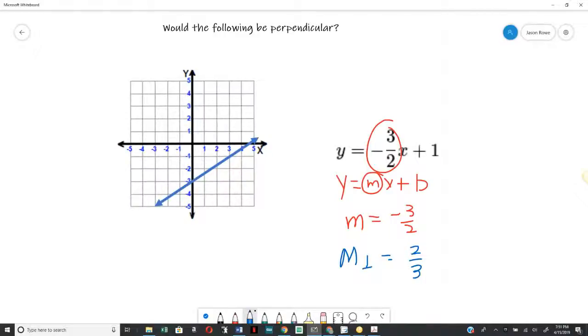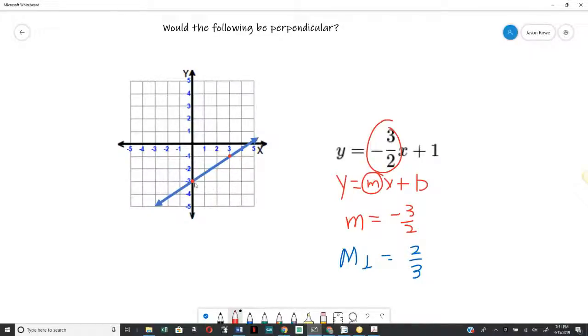So are the products equal to -1? Let's take a look at this line and see if we can find some points that we can use to help us find the slope. Here is one point right here, (0, -3). We're going to look at that point, and then we're going to look at this point right here. Let's see if the slope of this line is 2/3.